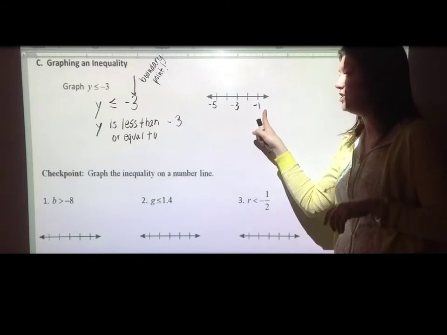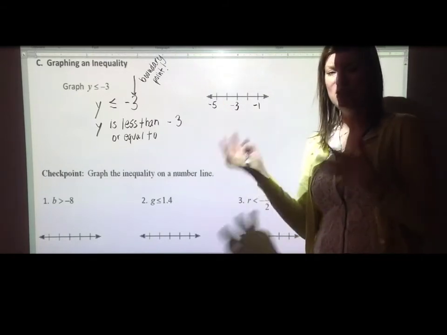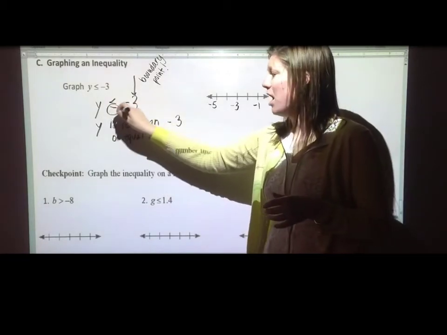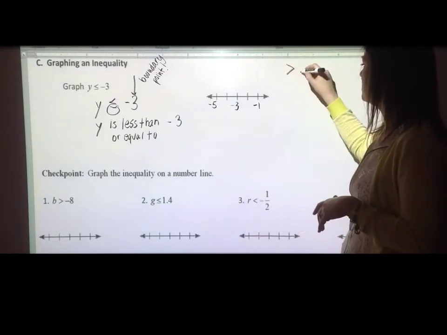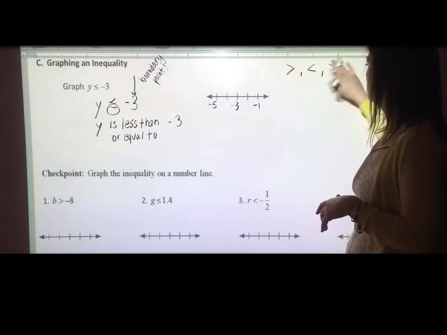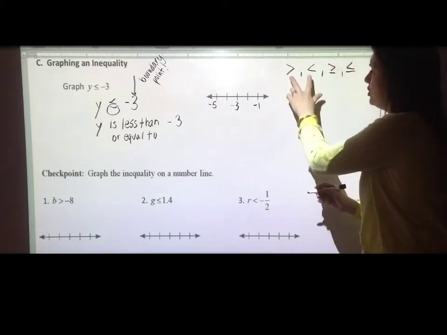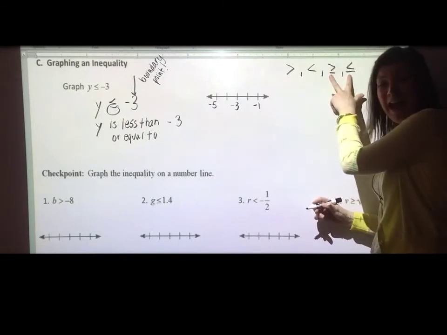So now what am I going to do? I'm going to place a circle on the boundary point. But is it open or is it closed? And what tells you that is this bar underneath. So remember from video 1, we learned that there's 4 symbols. We have the 2 that do not have equal to, and then we have 2 that have the equal to.